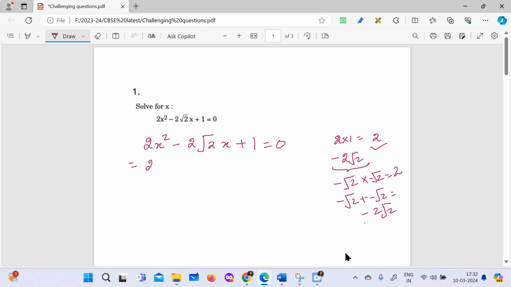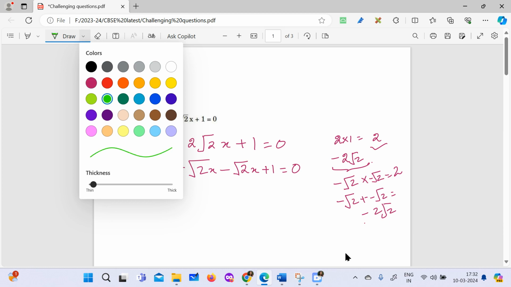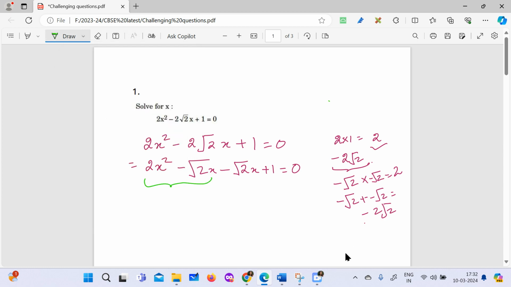So the next step is 2x squared minus root 2x minus root 2x plus 1 equals 0. And now we have to find the common term. So we will group them, one part and this is another part.